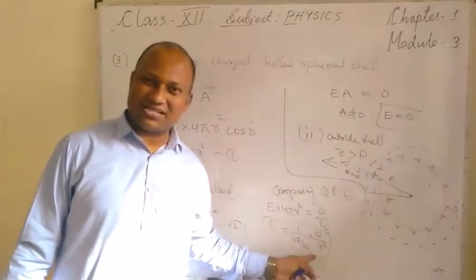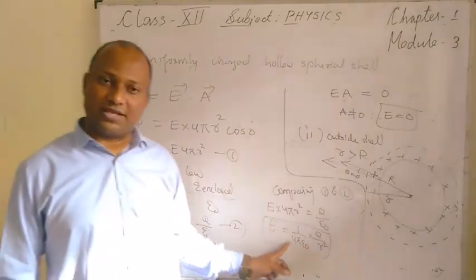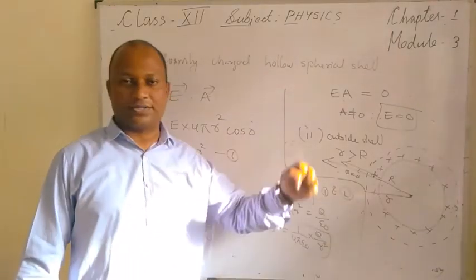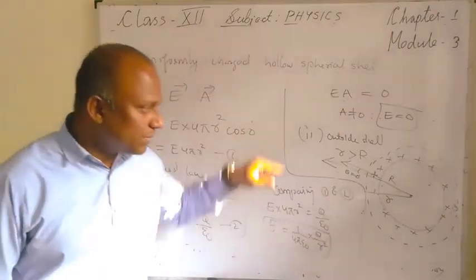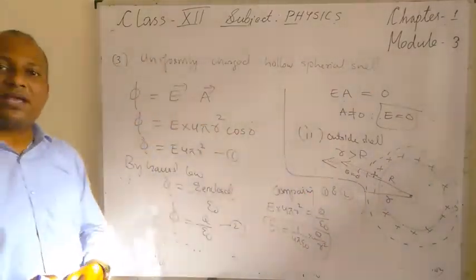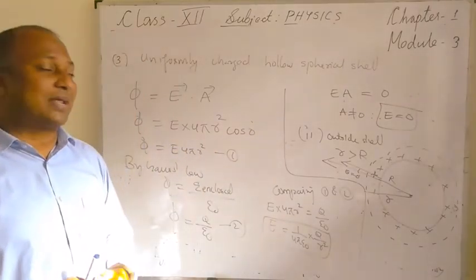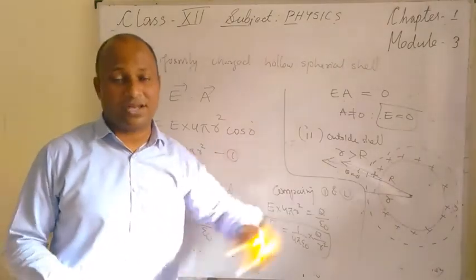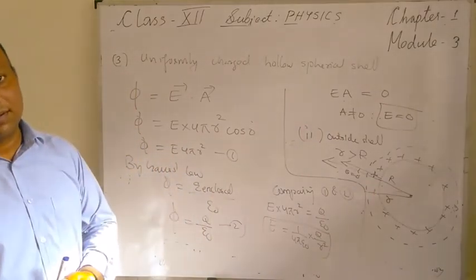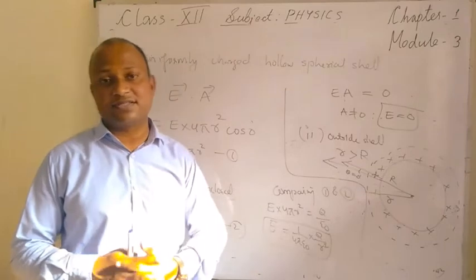So this is the same as a point charge. For a point charge, the formula is the same, 1 upon 4 pi epsilon, Q upon R square. So it means that the charges on the spherical shell are now acting like a point charge situated at the center of the spherical shell. Inside the shell there is no electric field, but outside the shell the electric field is this.